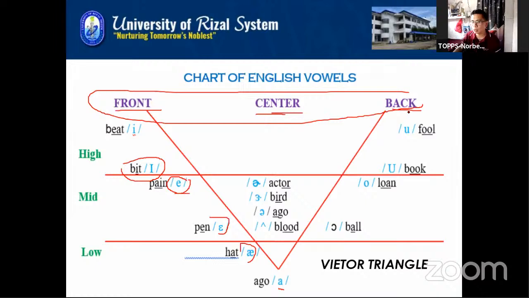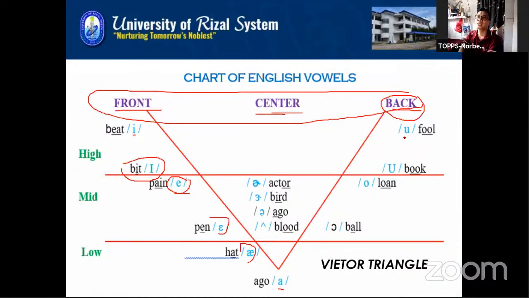So let's proceed now to the words in this set. This one is the sound of oo. You will notice that when you pronounce the sound of oo, your tongue is slightly moving backward.